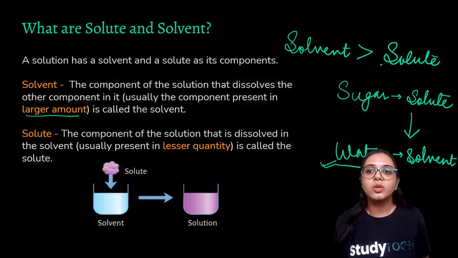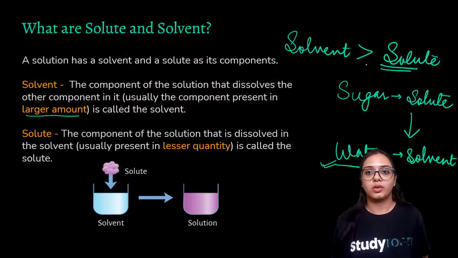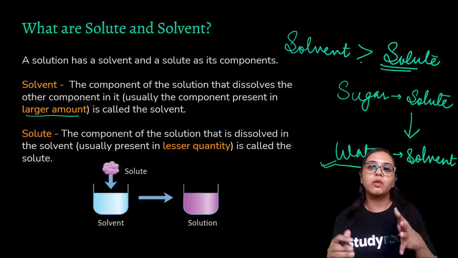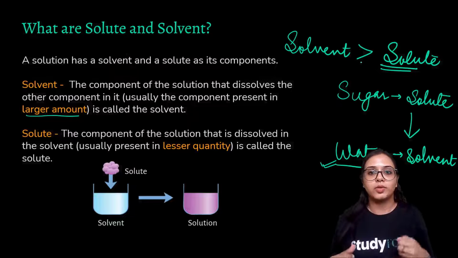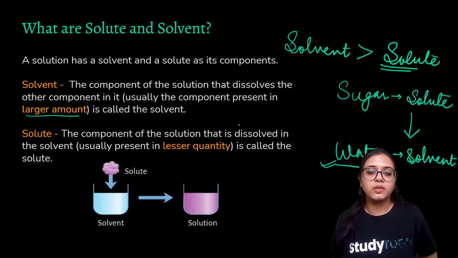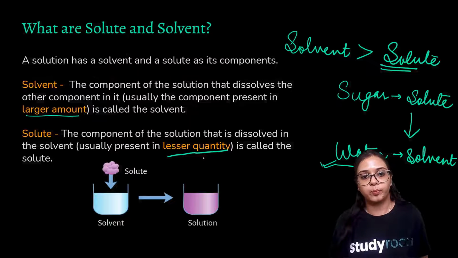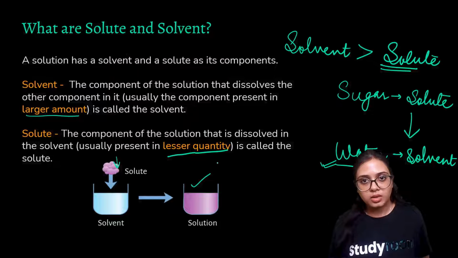Why? Because the solute is to be dissolved in a solvent, so the solvent should have the quantity that could hold that amount of solute. And the solute is the component of the solution that is dissolved in a solvent and is usually present in lesser quantity. You can see in this diagram as well that you are adding solute to the solvent to obtain a solution.